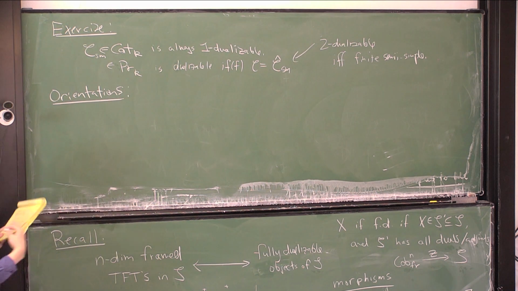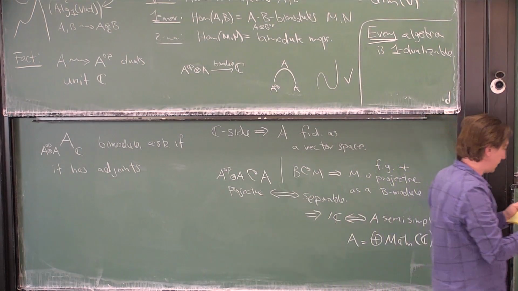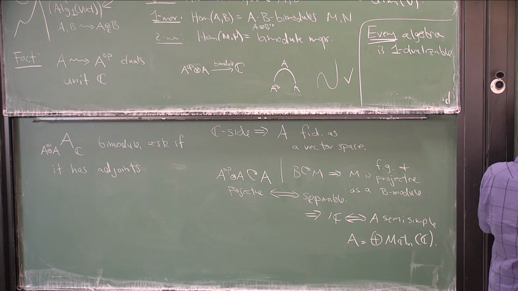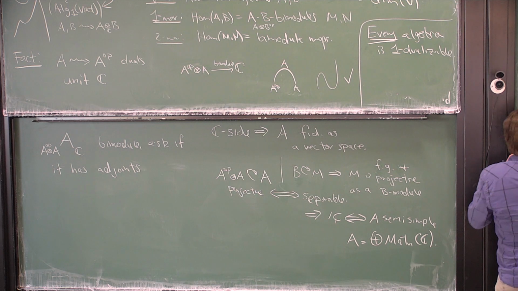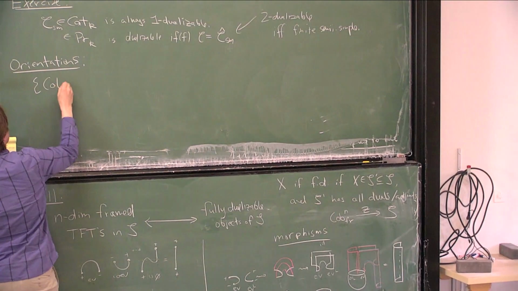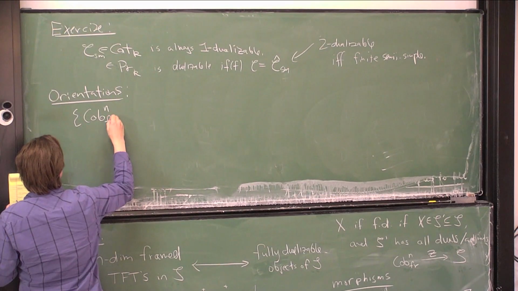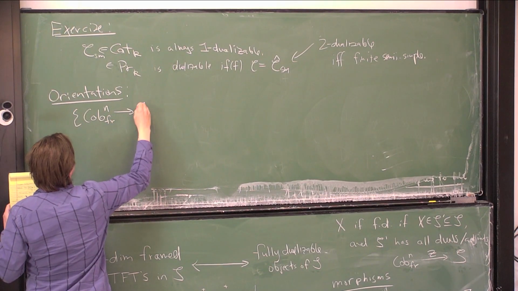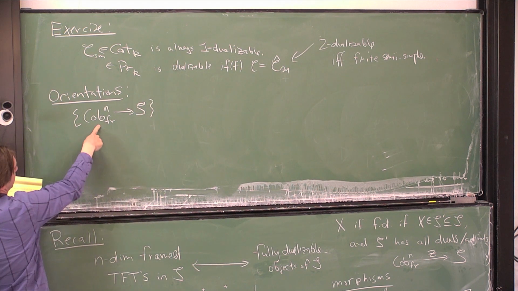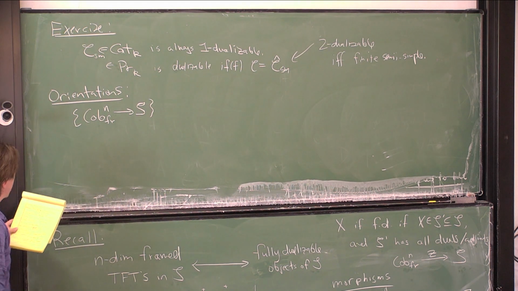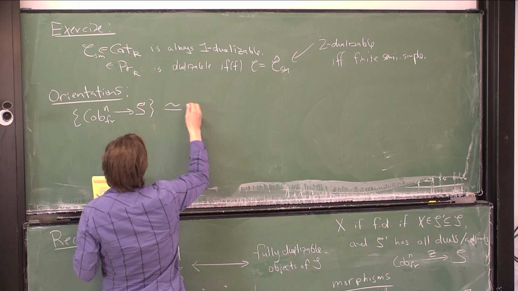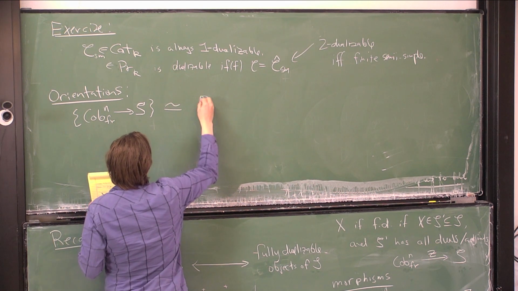So now we're going to see the real power of homotopy theory for these kinds of problems. Right. So the n-dimensional framed TFTs, these are functors from this framed Cobordism category to S. And we've said that this is equivalent to the fully dualizable objects.